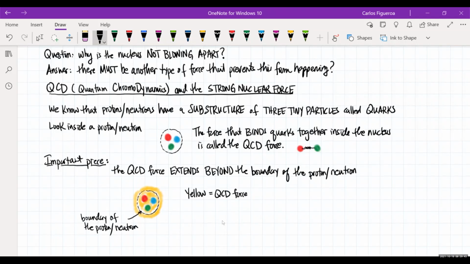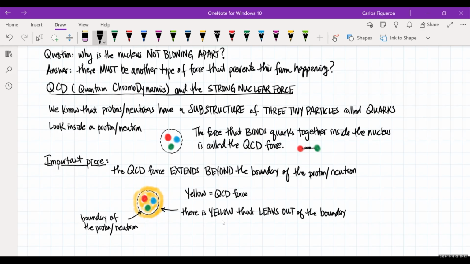And then there's this other piece right here, where you could see that there is yellow that leaks out of the boundary.